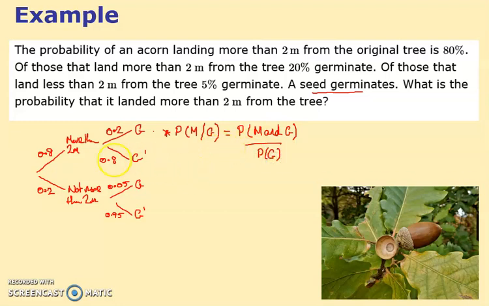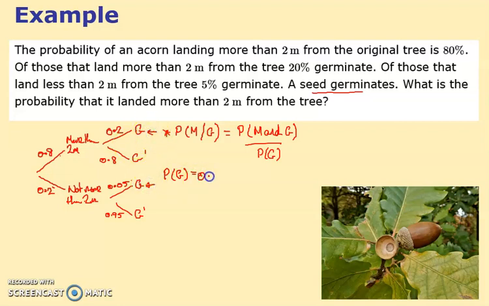Now, probability of germination, the bottom one's relatively easy. Let's just do these separately. Probability of germination is easy. I think it's you germinate there, you germinate there. Yeah, so these two end up germinating.